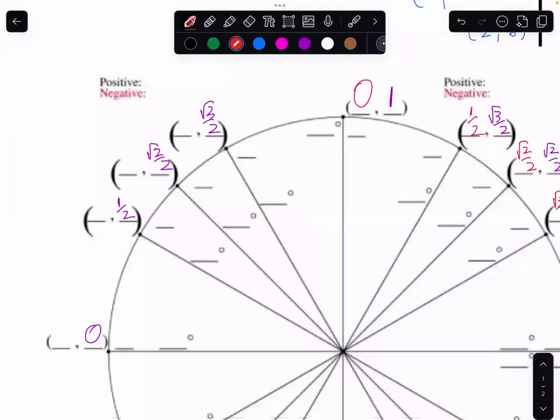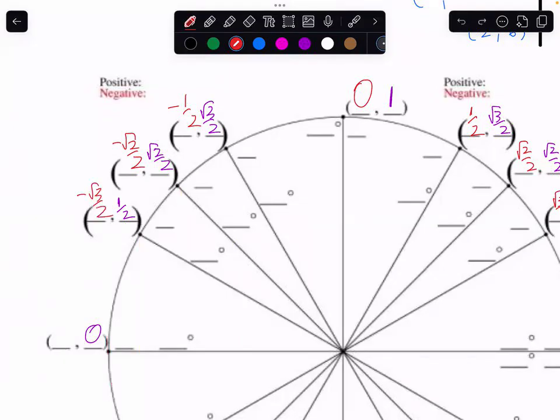Okay, so over here, now we're in the negatives. Okay, so the smallest negative would be negative 1/2. The next point's even further left, so it gets more negative, so negative radical 2 over 2. The next point is even further left, so negative radical 3 over 2.